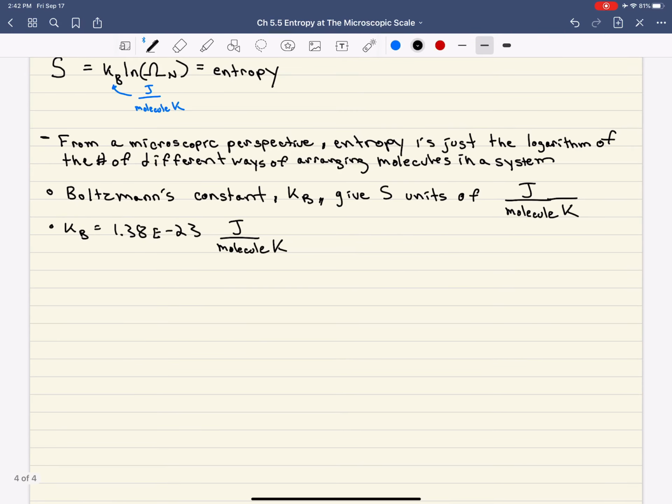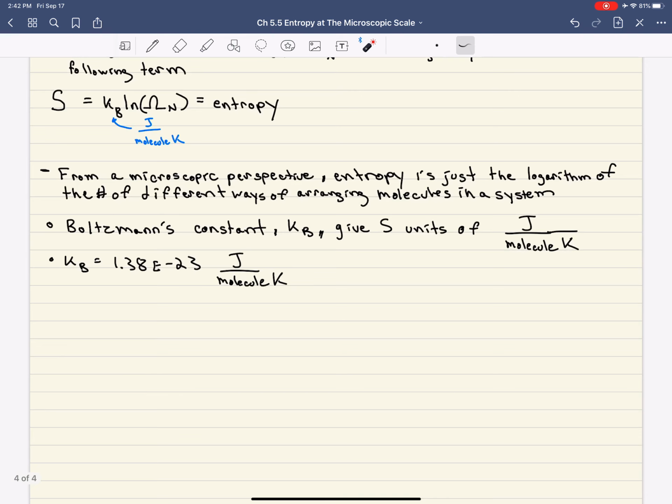right? So this is the entropy. This equation that we're seeing here is the entropy for arranging one single molecule in our system.